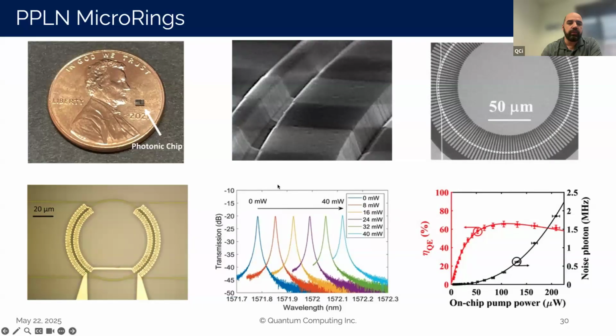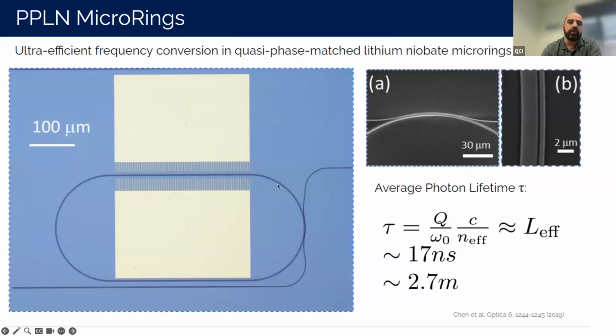So the device that we're showing here is a ring that has been periodically poled, and we patterned a heater on top of this ring. This is what you're seeing at the bottom left of your screen. And by applying a fairly small current, we're able to change the transmission of this ring that was shown in the middle of the screen. And we're doing so with pretty favorable efficiency numbers.